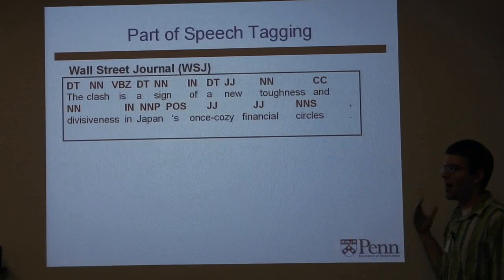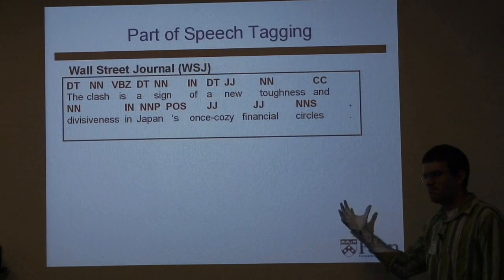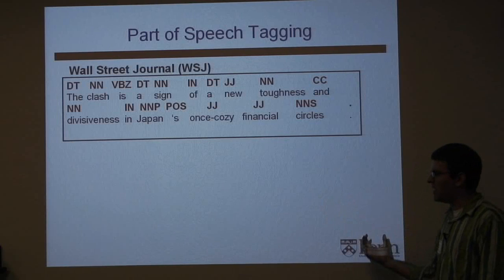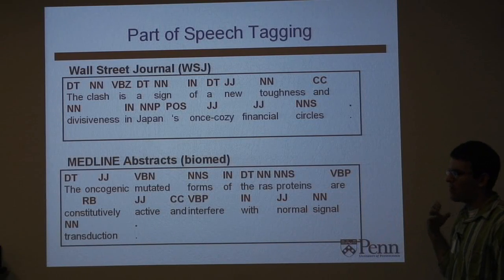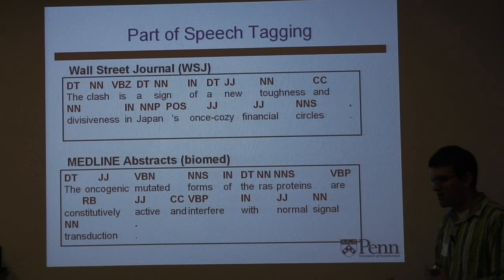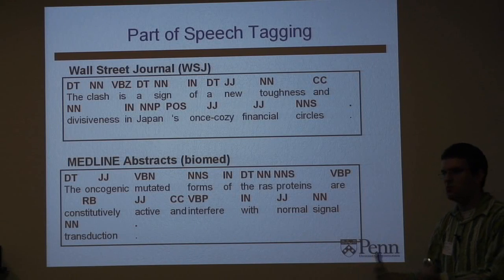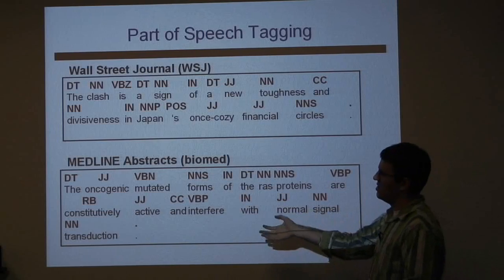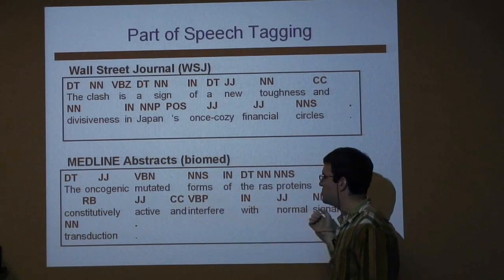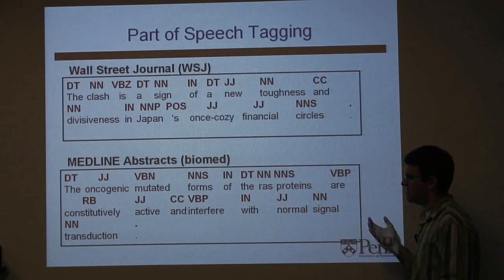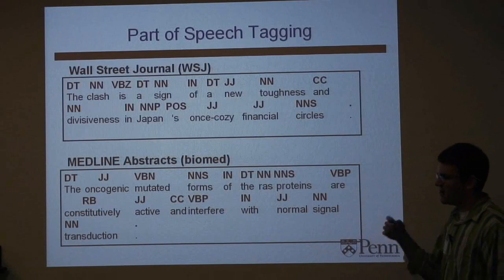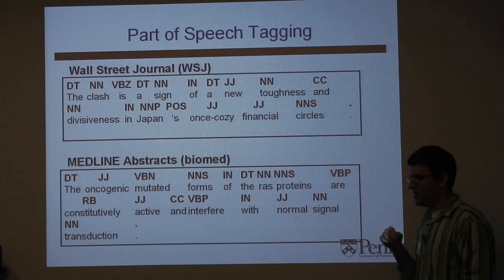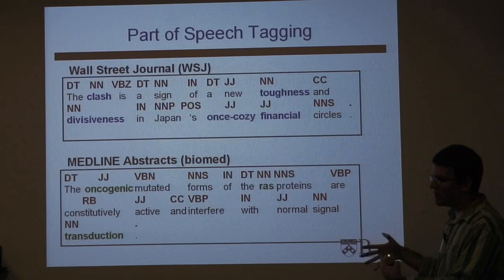And actually there are people at Penn now who are interested in building NLP pipelines for biomedical abstracts, right? They're in the biology department and they want to build NLP tools for biology text, but they don't have any labeled text. So they get sentences like: the oncogenic mutated forms of the RAS proteins are constitutively active and interfere with normal signal transduction. Right? So again, the vocabulary really changes a lot here.